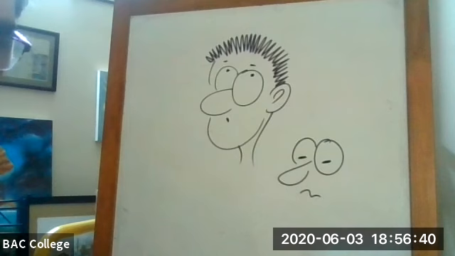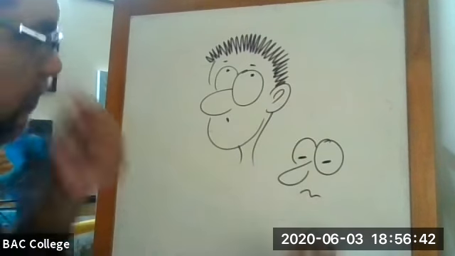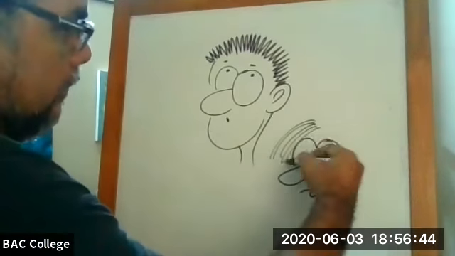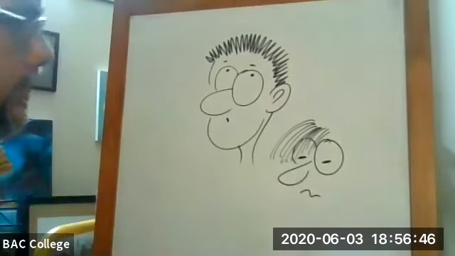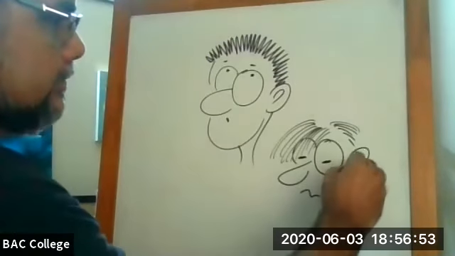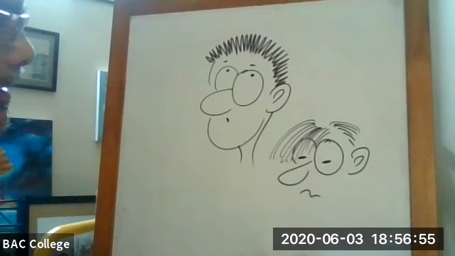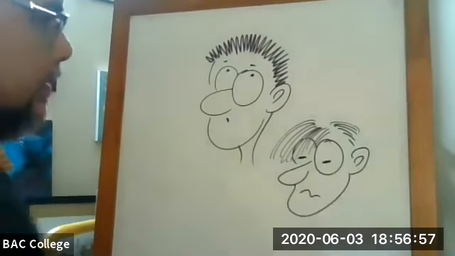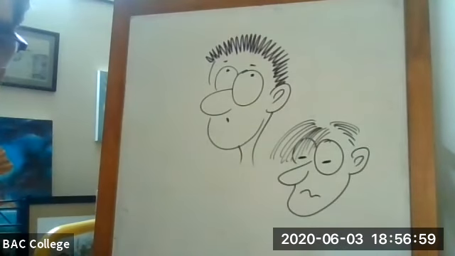So a mouth like that will be fine. And then some hair going over his eyes. Some hair over here. And then the ears. And then the chin. Okay, simple, correct?